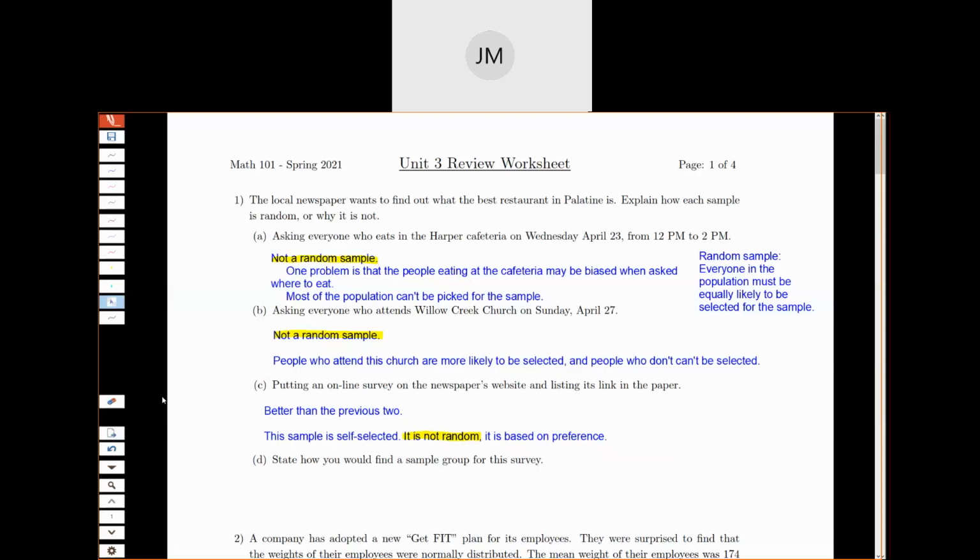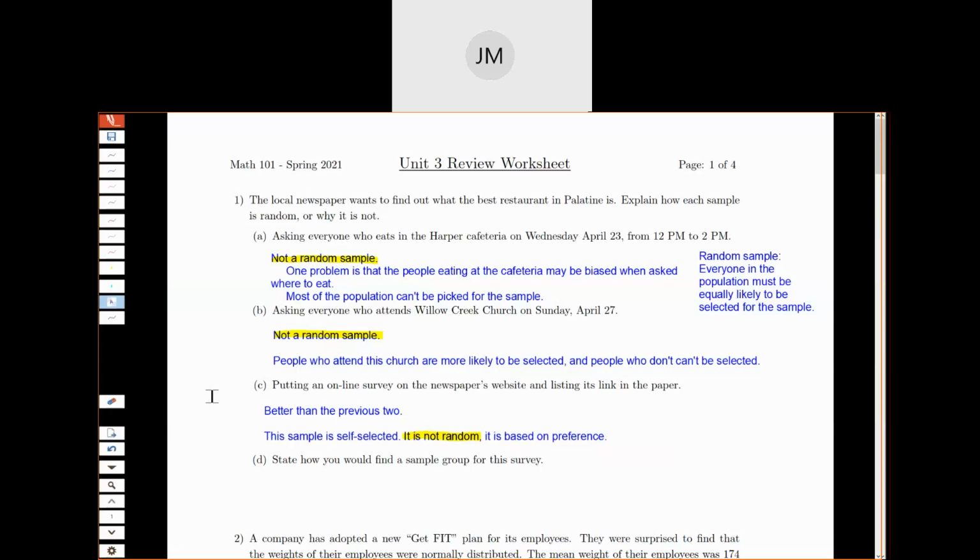We run into a similar problem that we talked about in part B though, right? If there's certain people who don't go to the mall, they can't possibly be selected. And people who really like the mall and show up there on a regular basis are going to be more likely. So again, that's addressing some of the problems, but it's missing some also.